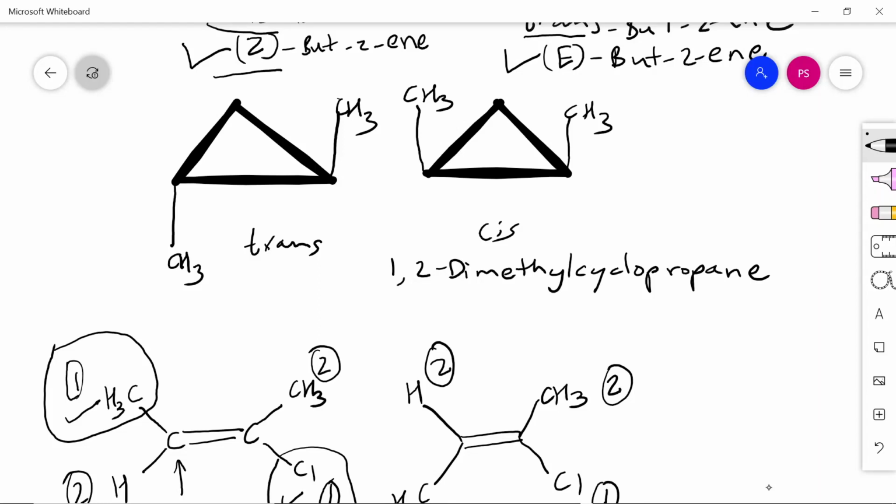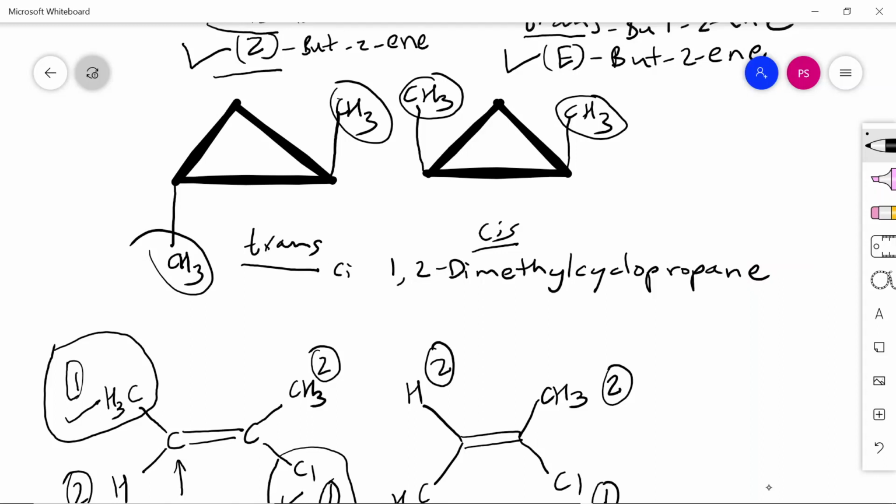But you can see these two compounds, the orientation of two methyl groups is different. In trans compound, the orientation of these two methyl groups is opposite, while these two methyl groups are on same side in cis compound. So one is cis while other is trans 1,2-dimethylcyclopropane.